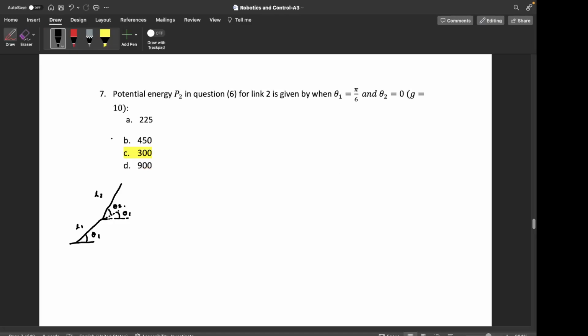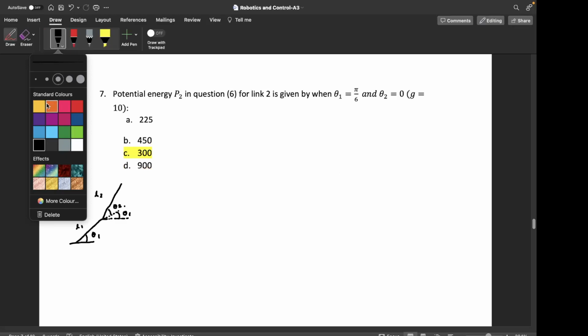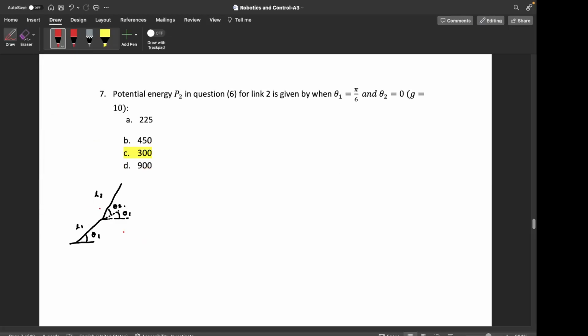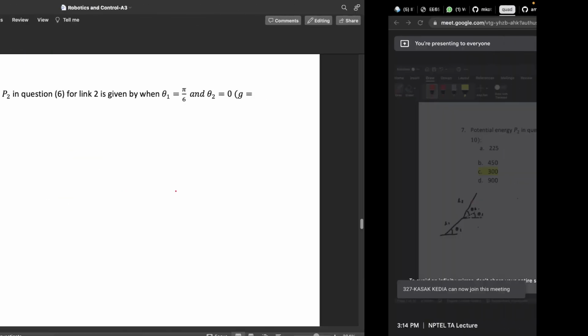So let's say we take an element on the second link.